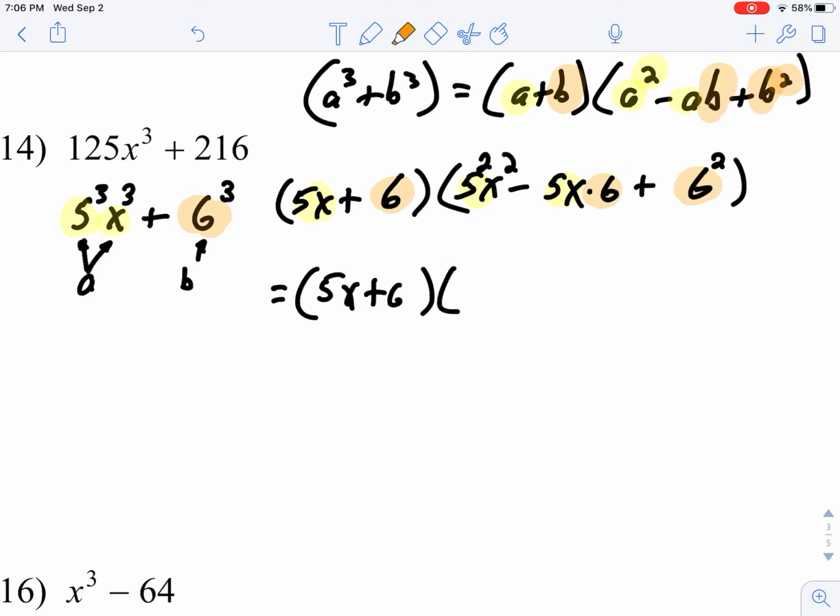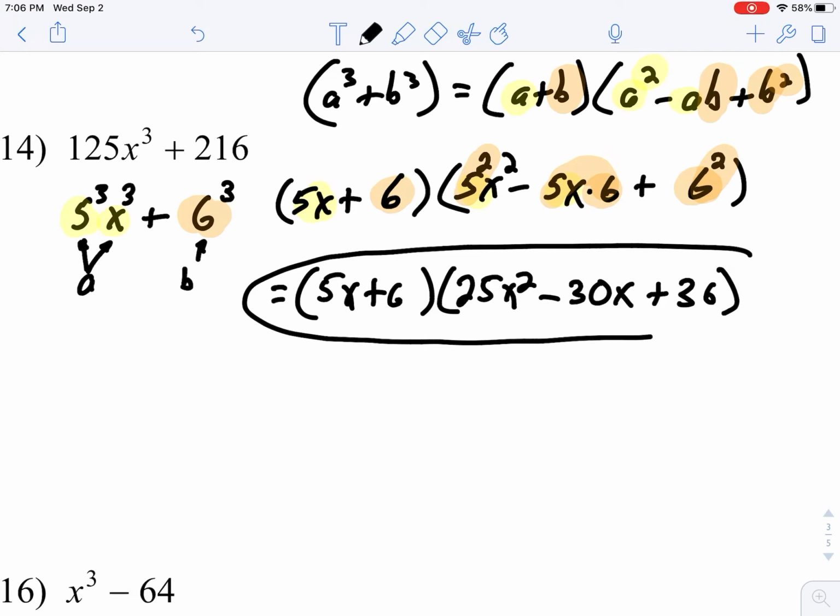What is 5 squared? 5 times 5, 25. 25x squared. Minus, what is 5 times 6? That'd be 30x. And then at the end, what is 6 squared? 6 times 6 is 36. This is the factored version of that.